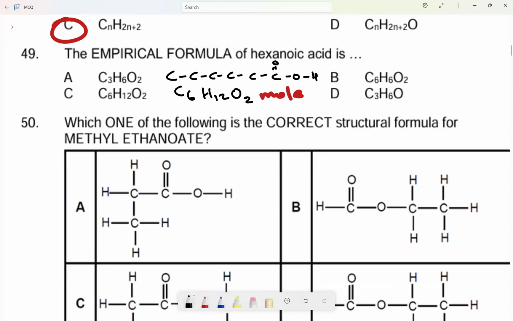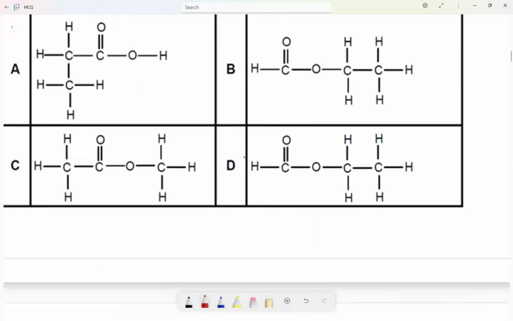I will divide by the smallest number, which is 2. It will give me C3H6O. Is there anything like that? Yes. The most correct answer is number D. Number C would have been correct if they wanted the molecular formula.